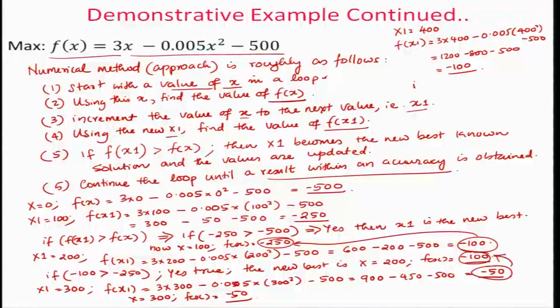So, now if minus 100 is greater than minus 50, is this true? No, this is not true. So, now we figure out that the best value of x is somewhere between 300 and 400.